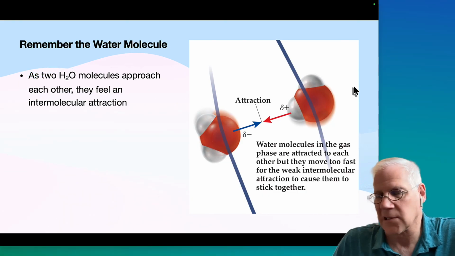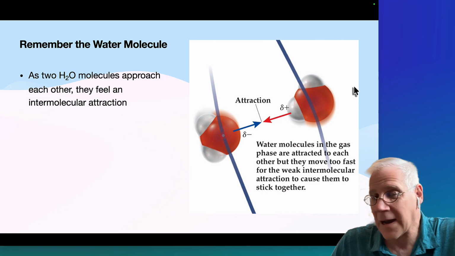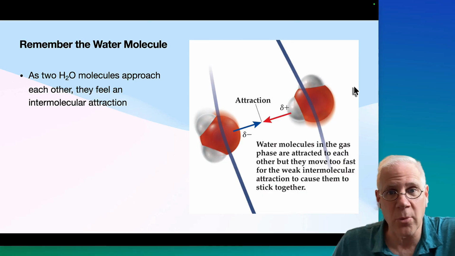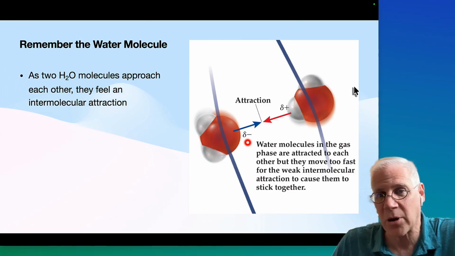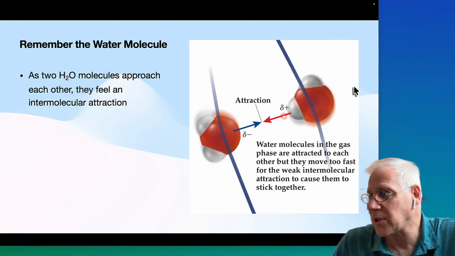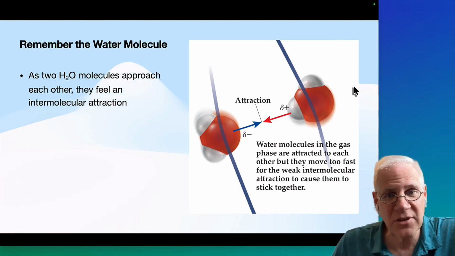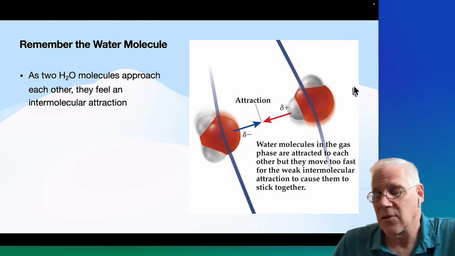Now, also because that electron density is getting pulled away from the hydrogen, it creates a delta plus on the hydrogens of all of the water molecules. And so you have partial minuses. Remember that delta means a partial. So you have a partial minus and a partial plus. Well, even though they're partials, they're still positives and negatives. And of course, we know that positives and negatives attract each other.